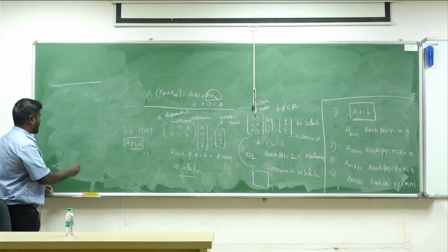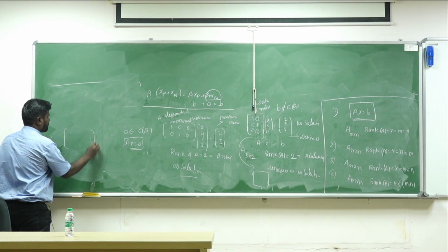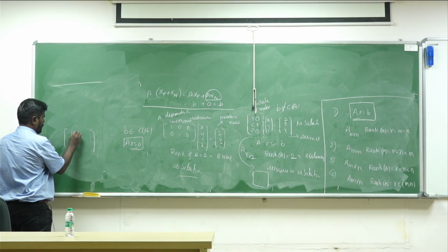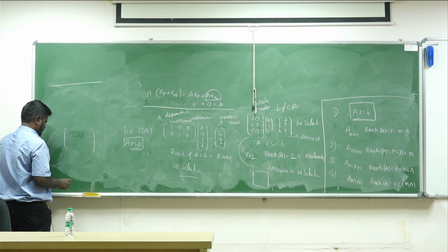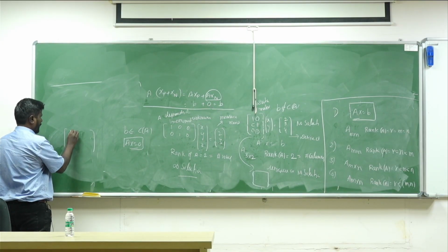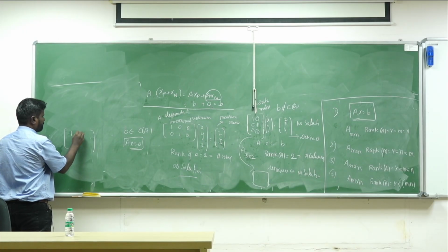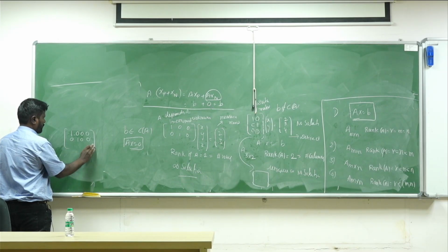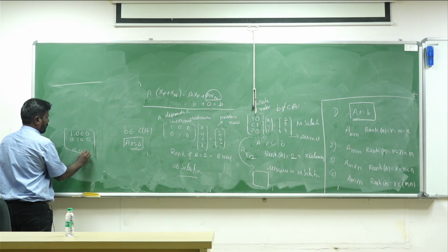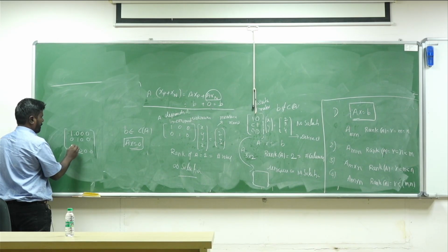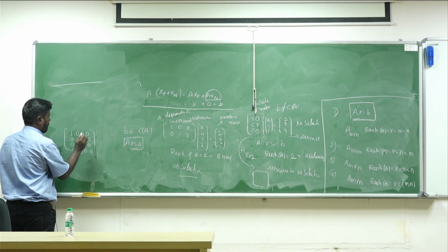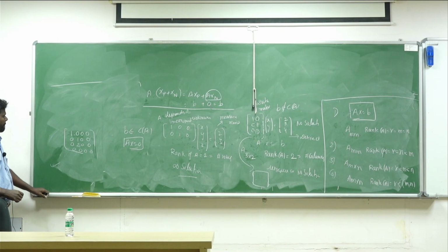So there is a special case. Let's say you take all zeros here, and then here you take some values. Now you look at this system.